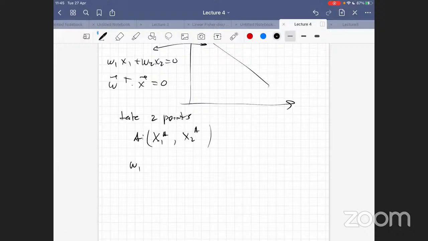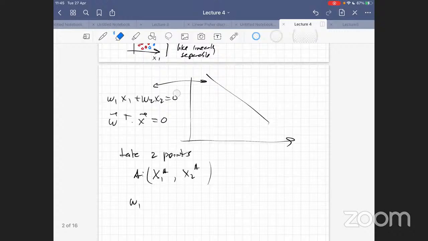And actually, a generic line doesn't have to be 0 here. It's C, it's some value, a generic line. But then I can do the following. For both points, I can do this. And since this is a constant, I can do exactly the same with point B.